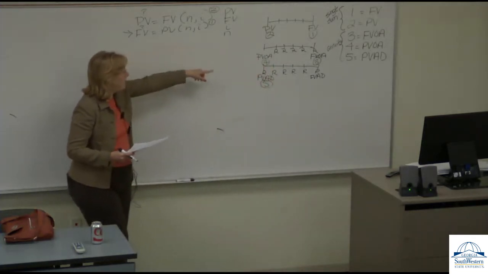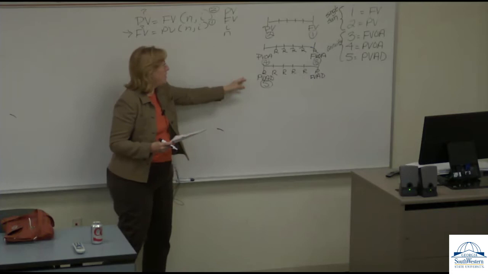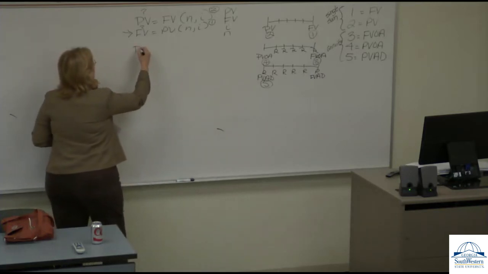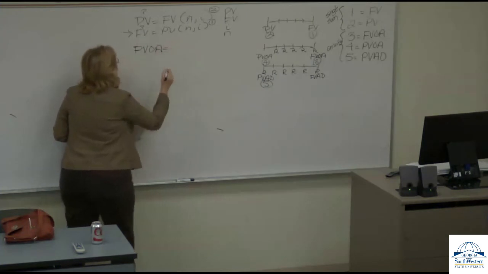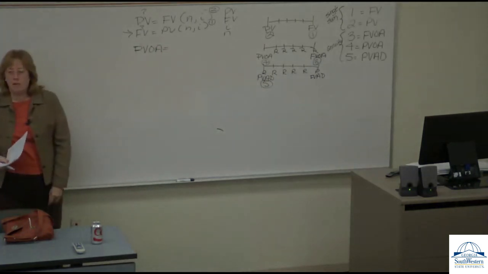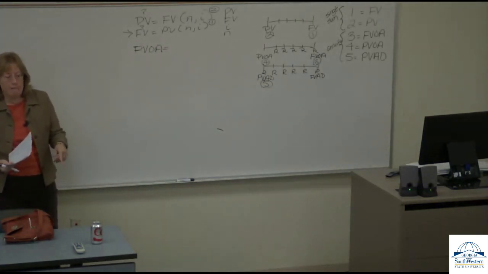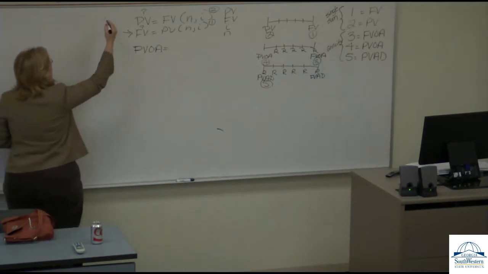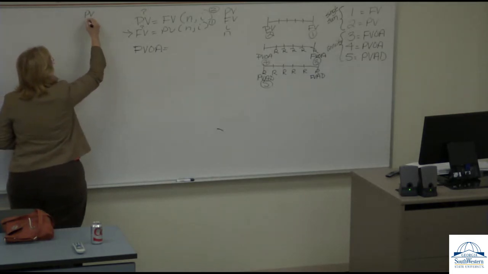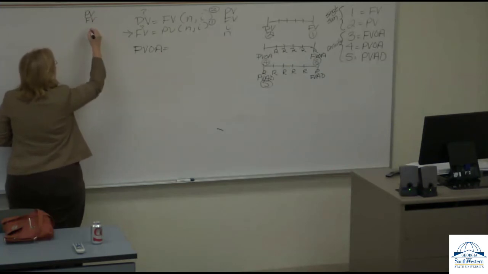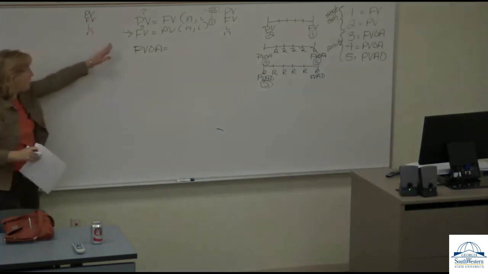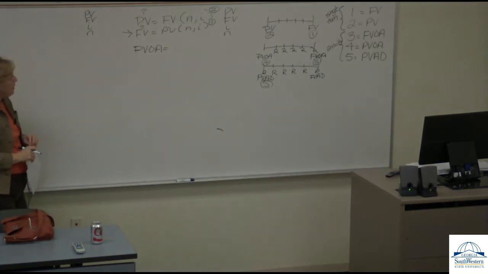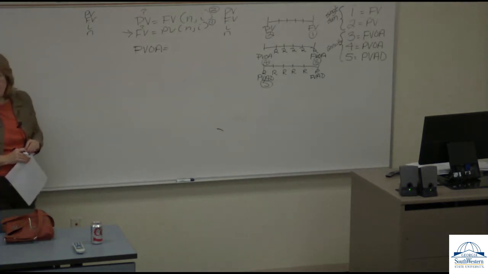So how do we set up these problems right here? We set these up the same way. Well, no, not the same way, a little bit different. So let me go into that. Remember we had present value, future value, interest, and N. On these problems, on the annuity problems, we have a different set of things.